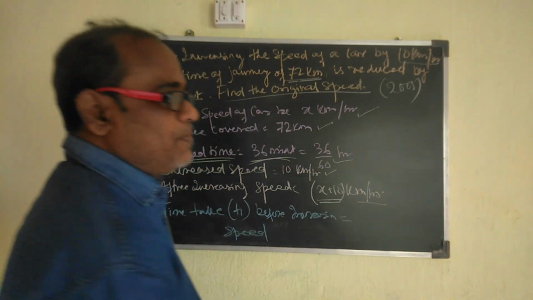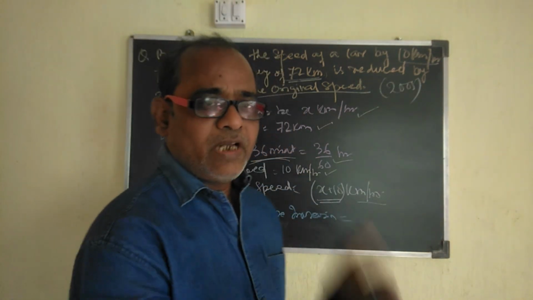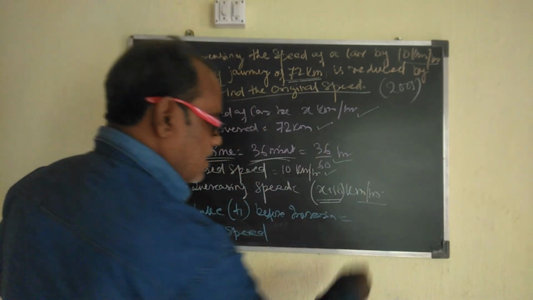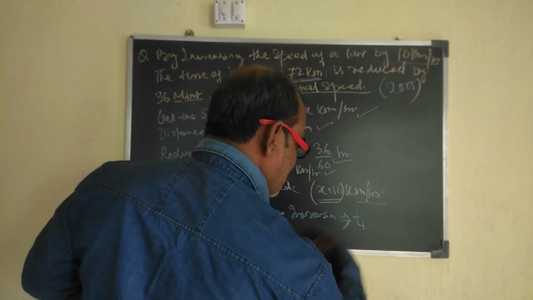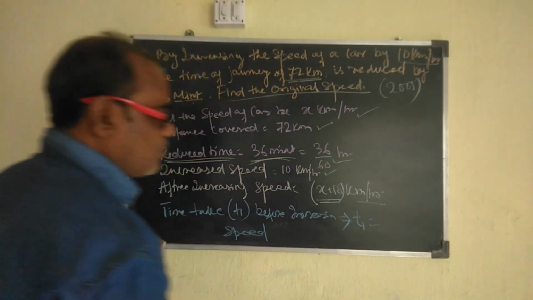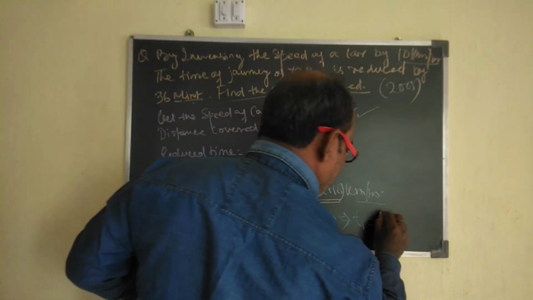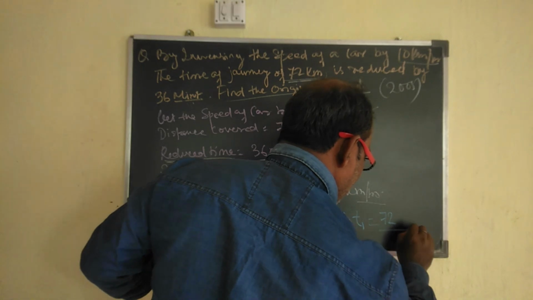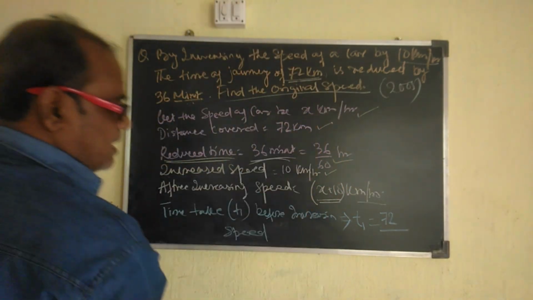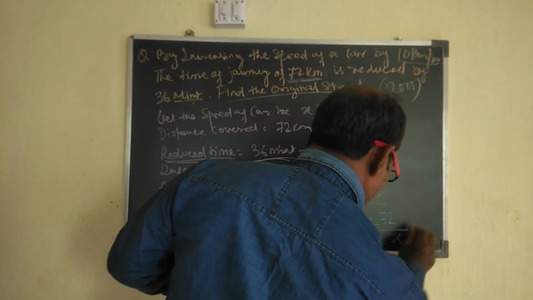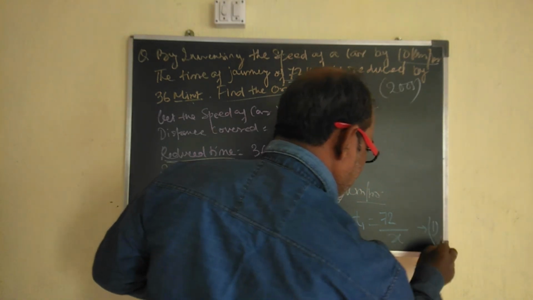We know the formula: speed equals distance by time taken, therefore time taken equals distance by speed. So here t1 is equal to distance, 72 km, over the speed, which was x kilometer per hour. So this is number 1.